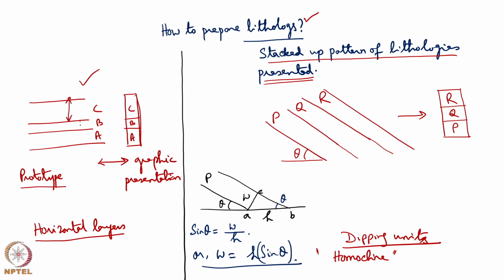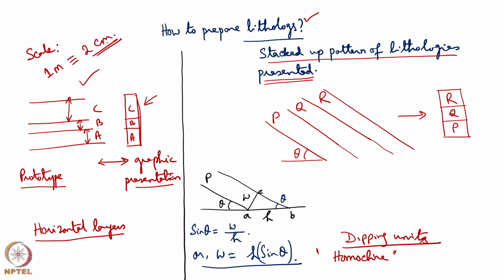Measure the different thicknesses and then use a suitable scale to convert these so many meters in the field into so many centimeters in a graphic presentation. For example, in the field I choose 1 meter to be equivalent to 2 centimeters in my sketch.